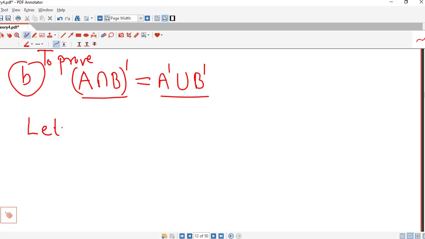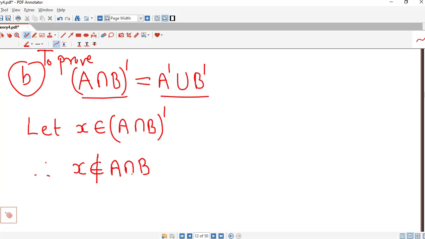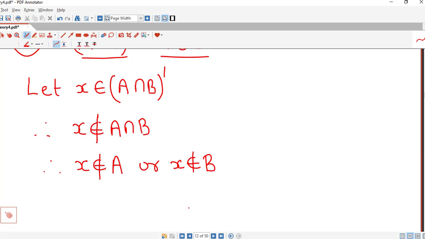So for that we start by taking any element in the complement of A intersection B. So because X is in the complement of A intersection B, X must not be in A intersection B. Now X is not in A intersection B if X is not in A or X is not in B, or X is not in both the sets.